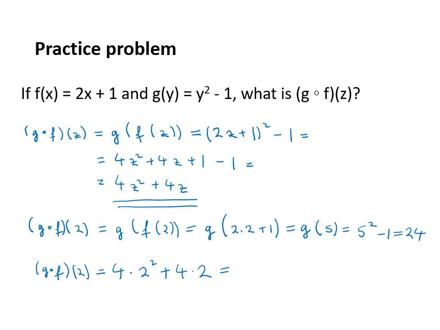That is equal to 16 plus 8, which is equal to 24. So this is of course not a proof that we correctly derived g composed with f, but it is a little sanity check that we did it correctly because these two numbers are the same. Okay, and that solves this practice problem.